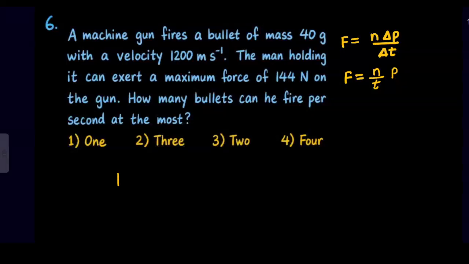How much is momentum? Momentum we can write as m into v. So this is n by t into m into v.